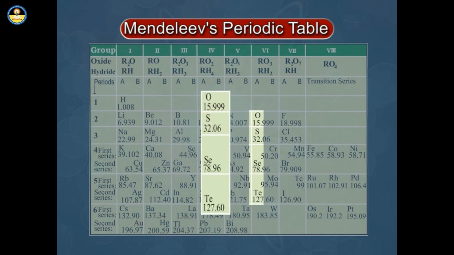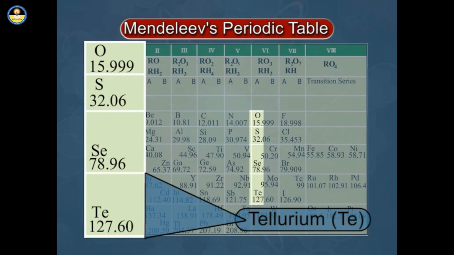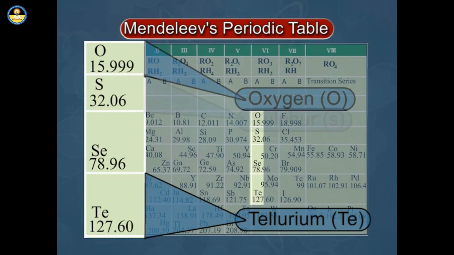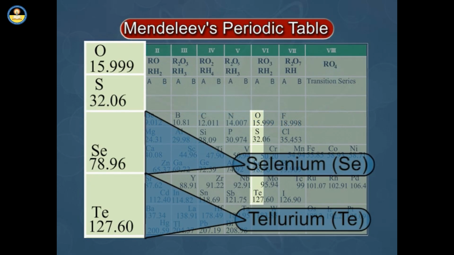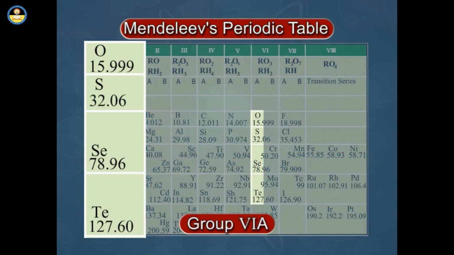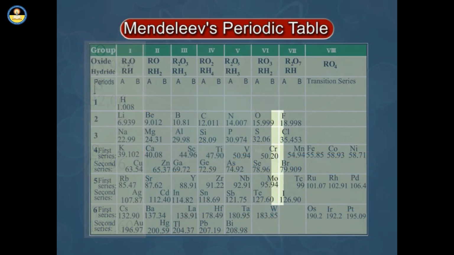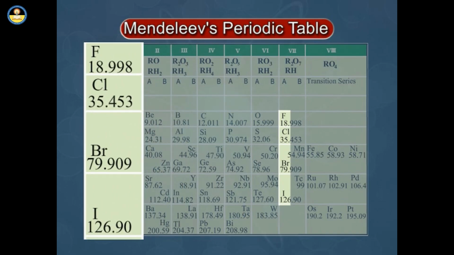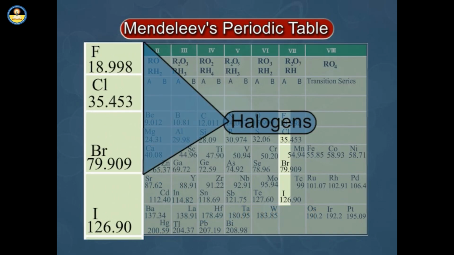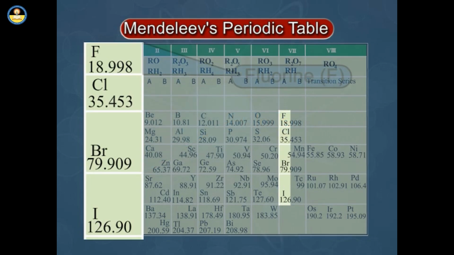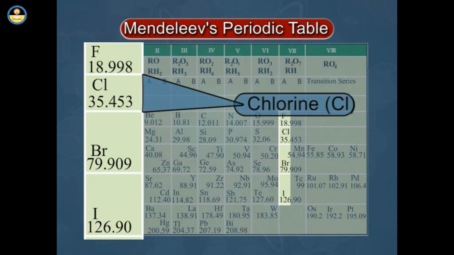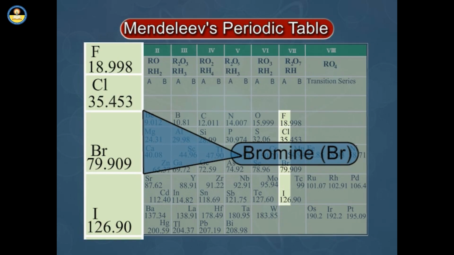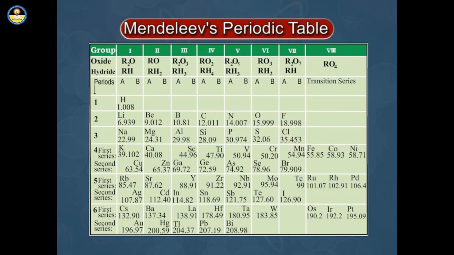Since the properties of tellurium were similar to those of oxygen, sulfur and selenium of group 6A, while the properties of iodine were similar to halogens, that is fluorine, chlorine and bromine of group 7A.